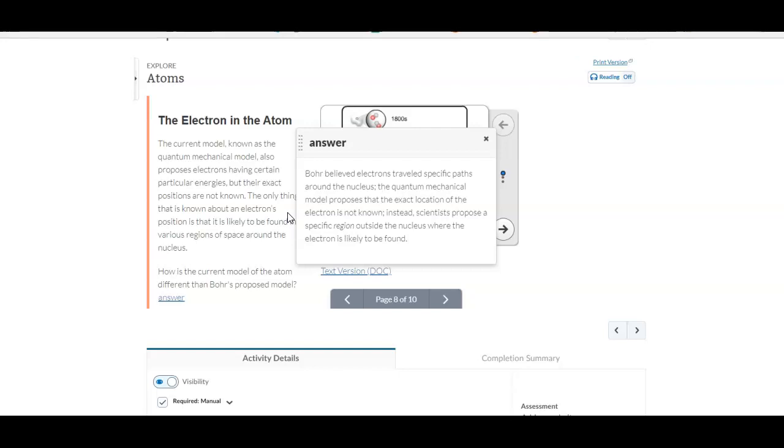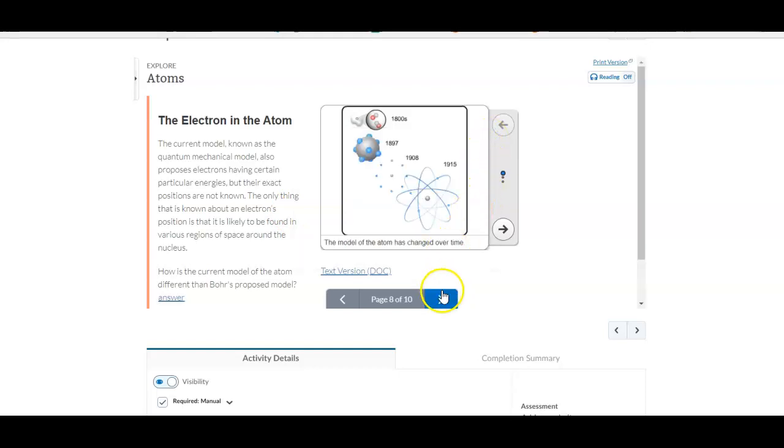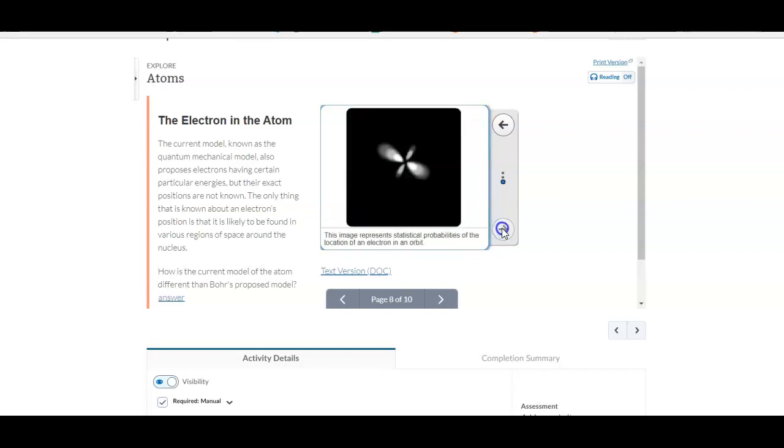Instead, scientists propose a specific region outside the nucleus where the electron is likely to be found. All right, so if you look through, this just gives you an idea. It says this is a statistical probability of the location of electron in orbit.